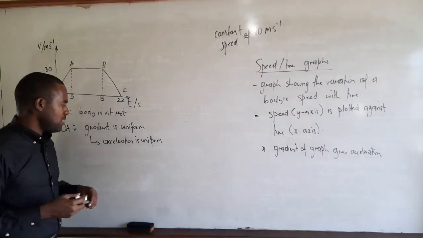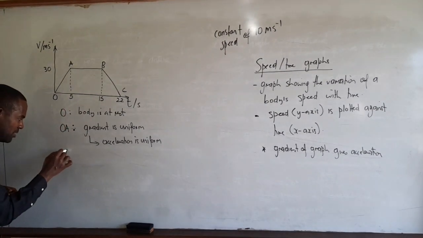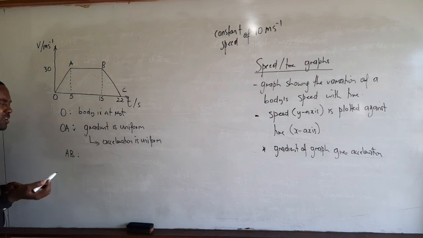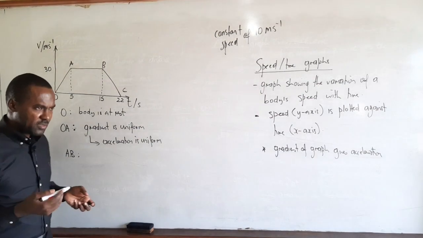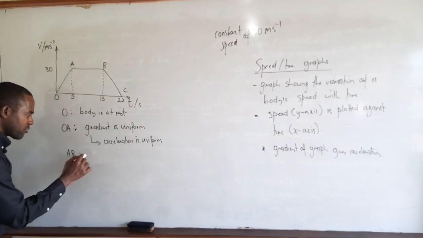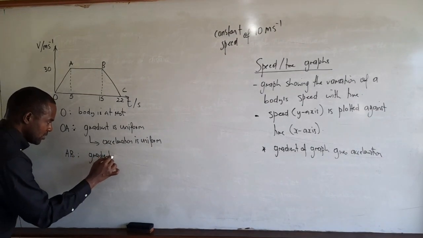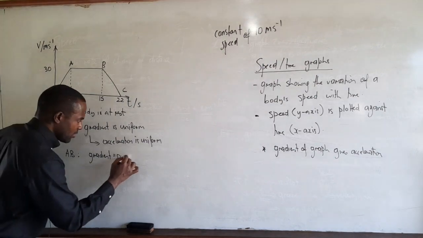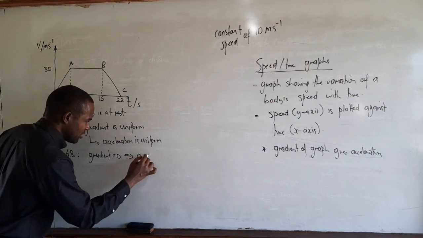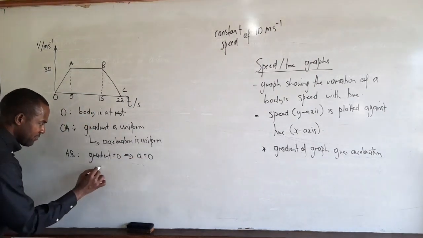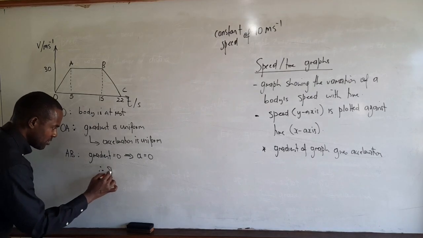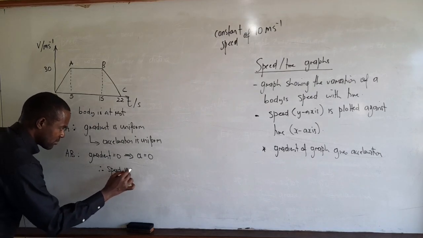Now let's talk about AB. AB is a horizontal line, which means the gradient is 0. So the gradient is equal to 0, which therefore means that the acceleration a is equal to 0. And from this, we can see that the speed is constant.